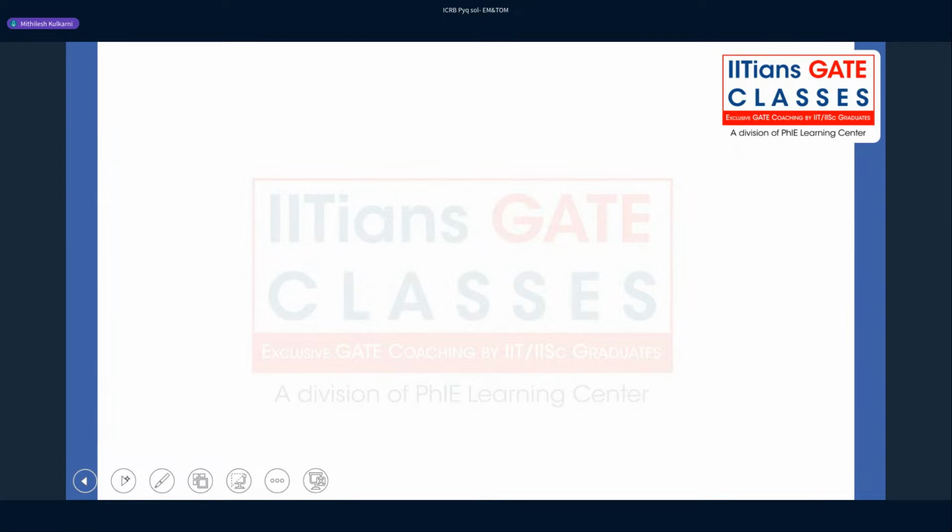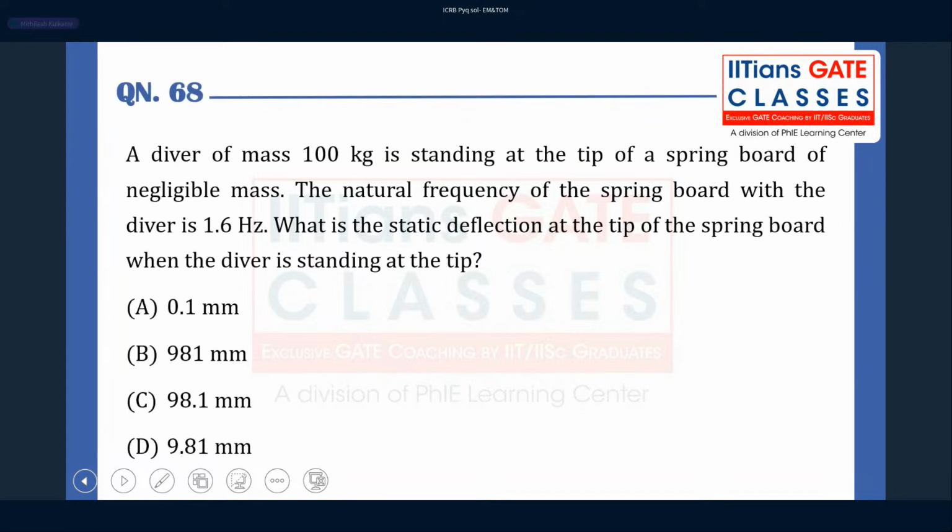Coming towards next question. Yeah, this is again from the vibration topic. A diver of mass 100 kgs is standing at the tip of the springboard of negligible mass. The natural frequency of the springboard with the diver is given as 1.6 hertz.